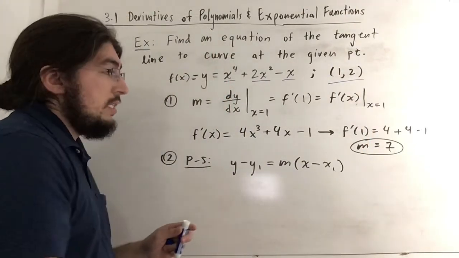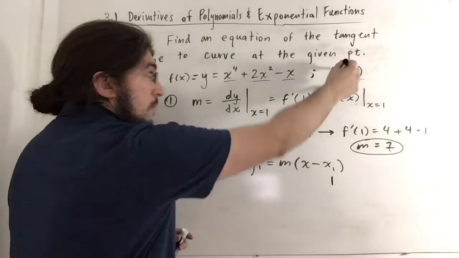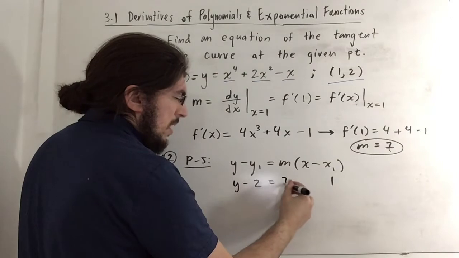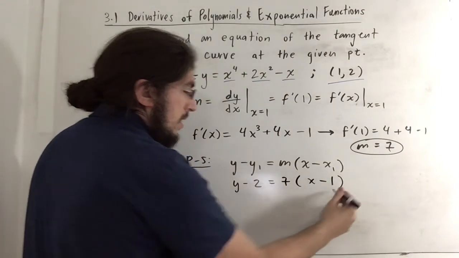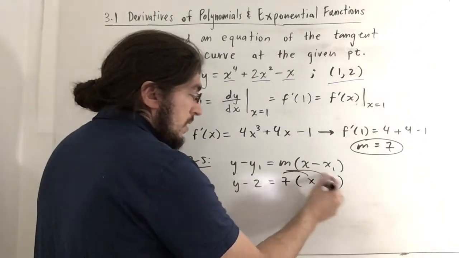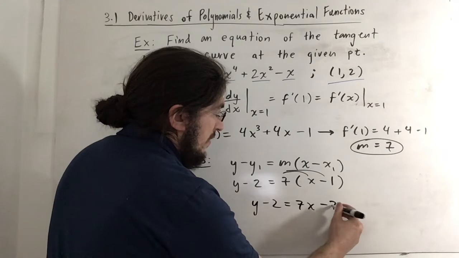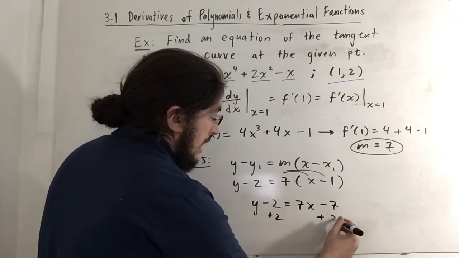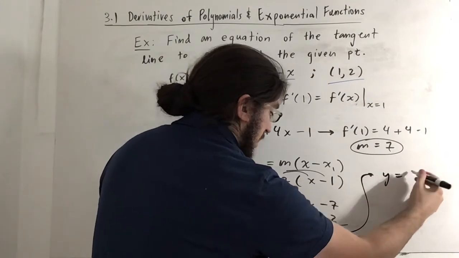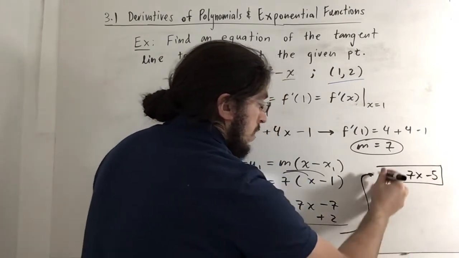So all we have to do now is let x1 be 1, y1 be 2, m is 7, plug those in, there it is. All we have to do now is solve for y and we're done. So distributing the 7, we get y minus 2 is equal to 7x minus 7, adding 2 to the other side, and finally, we get the equation of the tangent line. y is equal to 7x minus 5. Perfect.